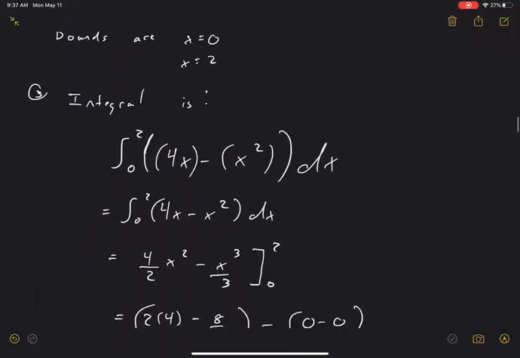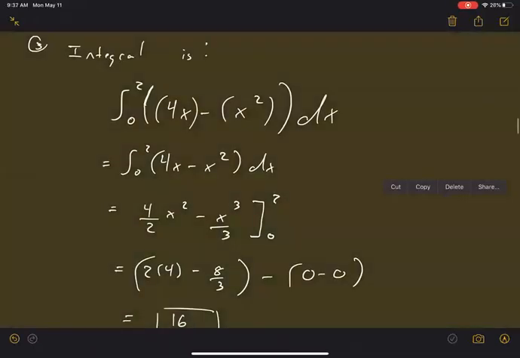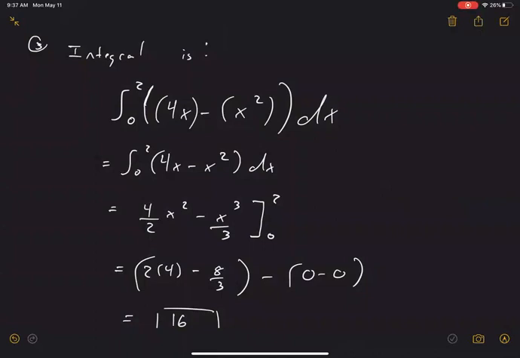So I know I can set my integral as the integral from 0 to 2, 4x minus x squared. Okay, I put everything in parentheses. So I put the top curve in parentheses and I put the bottom curve in parentheses. And I do this because a common mistake is people don't distribute the negative when they subtract f minus g, okay?